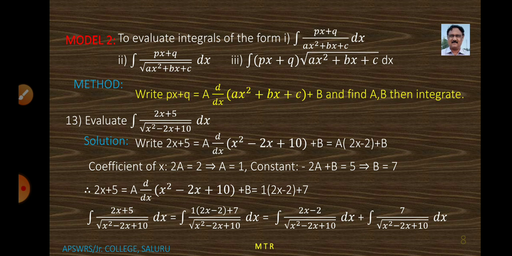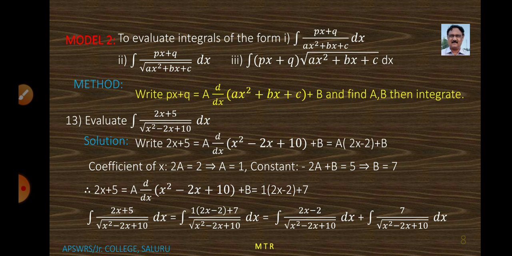So first you write all models on one page: serial number, model, method. You practice with comparison of each model, one to the other. In model 1, you split the quadratic expression in terms of a square plus x square, a square minus x square, or x square minus a square.